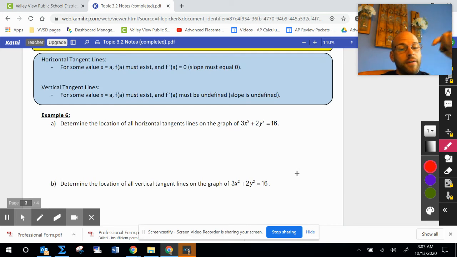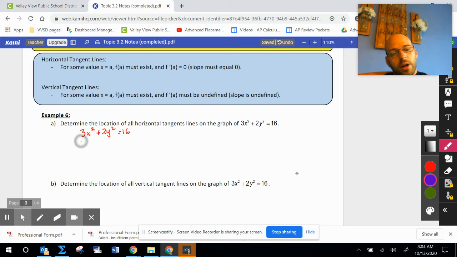So if you have a location for the horizontal tangents, I need to take the derivative. Let me write my problem out here real quick. The derivative of 3x squared is 6x, plus the derivative of 2y squared is 4y, include your dy over dx, and the derivative of 16 is 0.